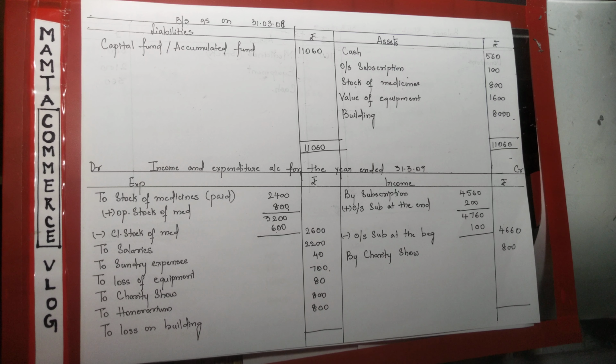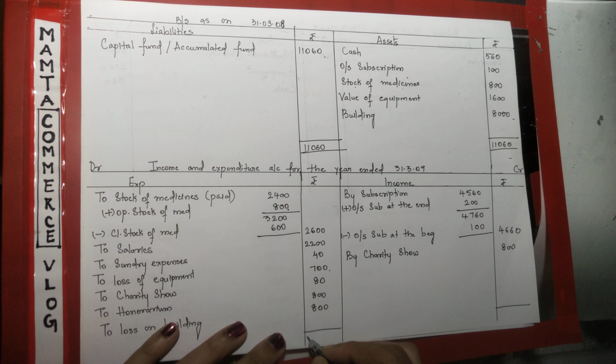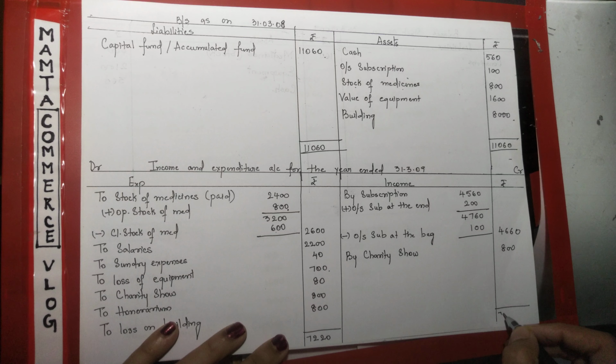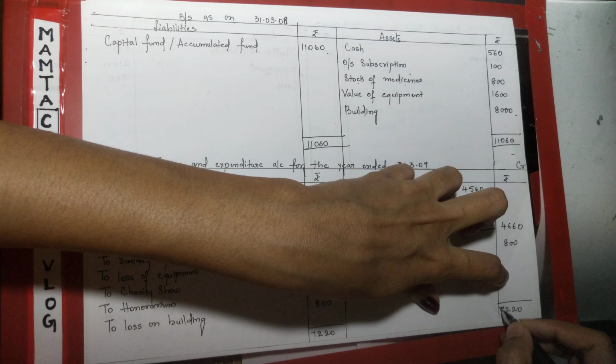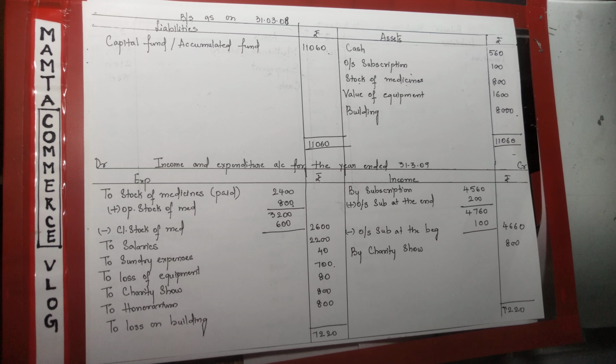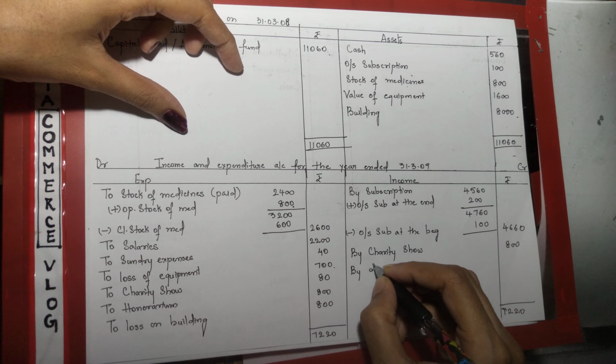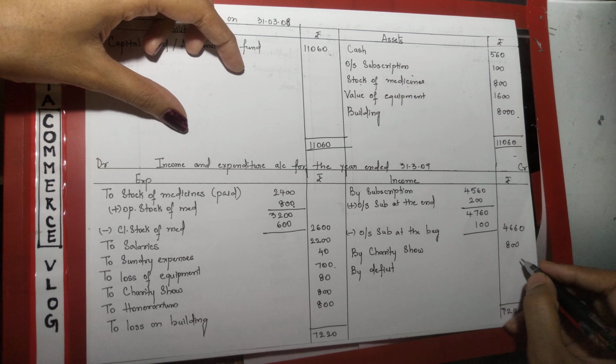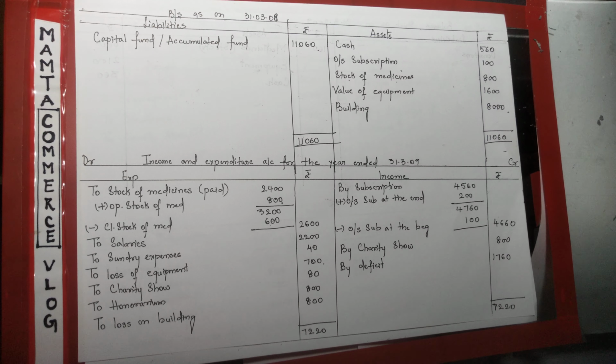The total of the debit side is 7,220, and the total of the credit side is 5,460. So the credit side is less. This means the income is less compared to our expenses. So we have a deficit of 1,760.